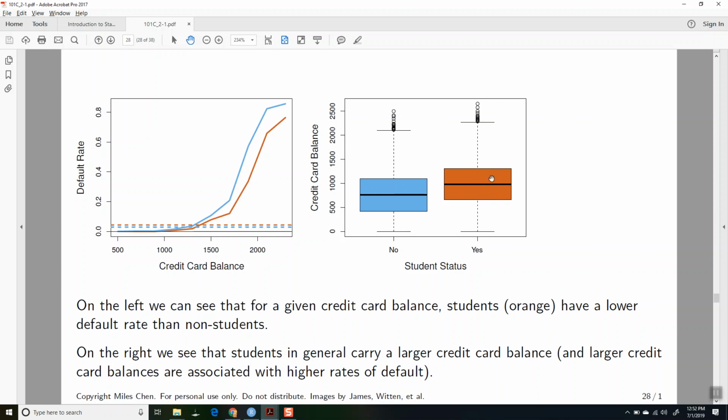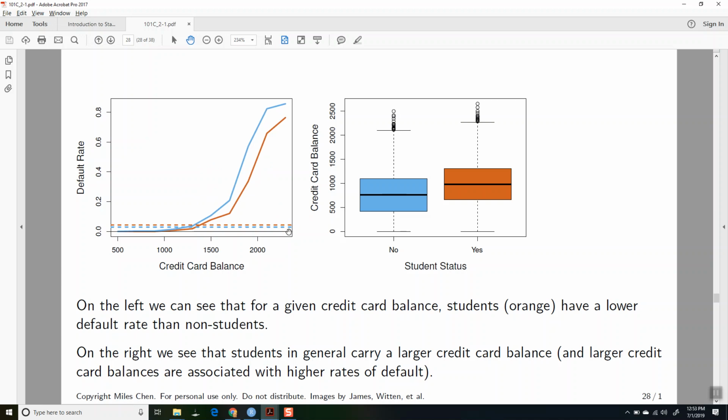Because the students have a higher distribution of credit card balance, and credit card balance is associated with a greater default rate, overall, if you don't take into account balance, it's going to appear that the default rate for students is higher than it is for non-students.